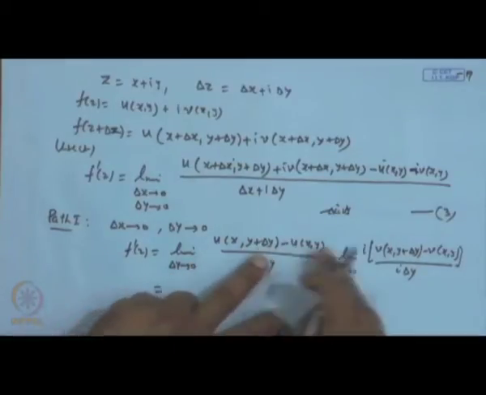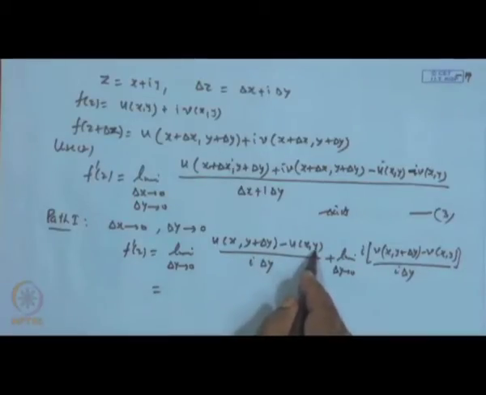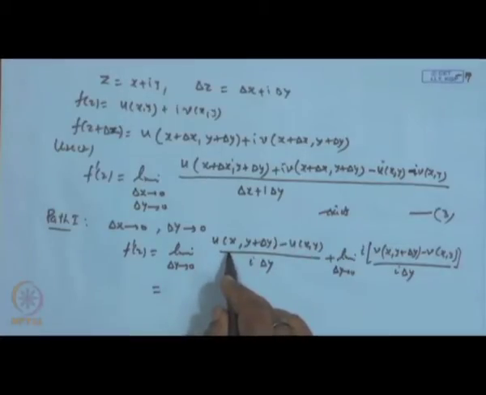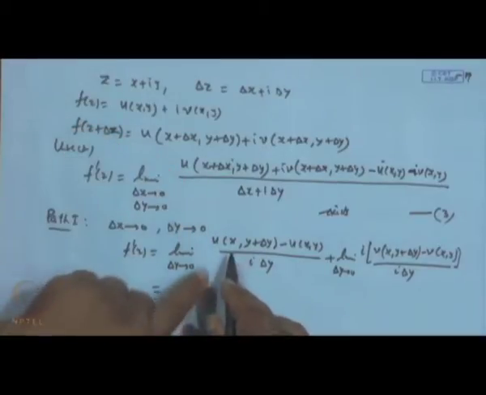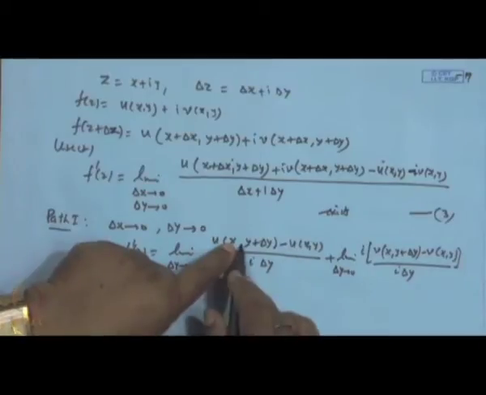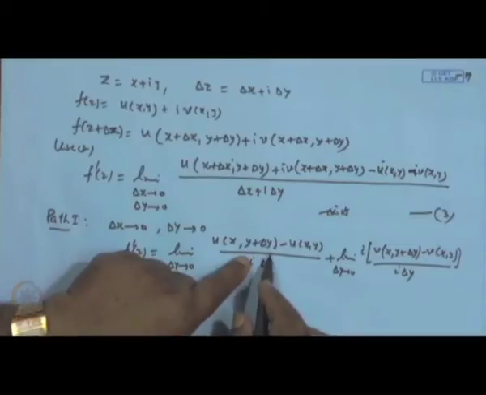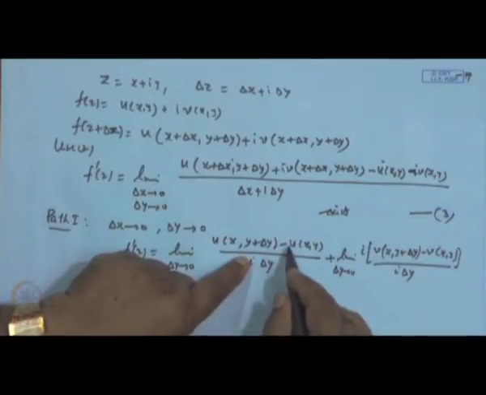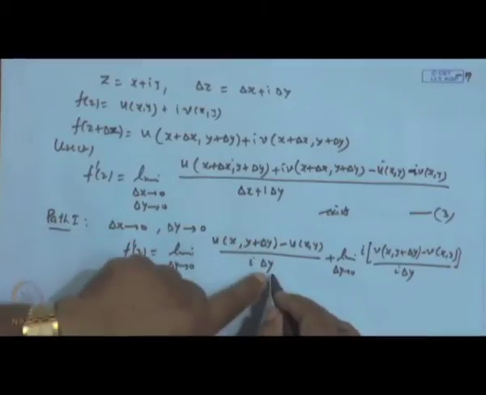Now, let us see. This delta y is tending to 0; there is a change in the second coordinate y to y plus delta y, there is no change in the x coordinate. So you are taking the partial increment in u keeping x constant, and this partial increment is divided by delta y. So the limit as delta y tends to 0 gives the partial derivative of u with respect to y.